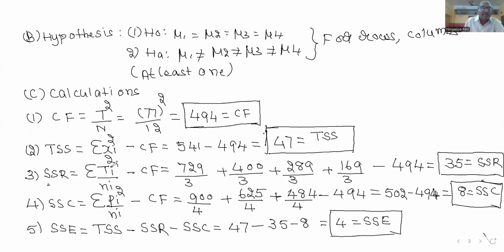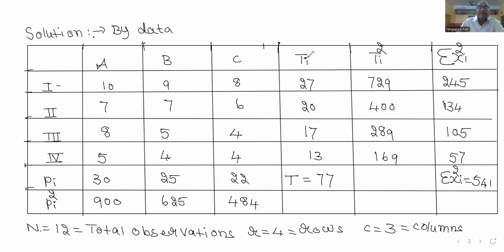Yes, sir. SSR is the summation of Ti square upon Ni minus CF. Then look here, Ti square: 729 divided by 3 values, plus 400 divided by 3 values, plus 289 divided by 3 values, plus 169 divided by 3 values. 1, 2, 3, these are 3 values.